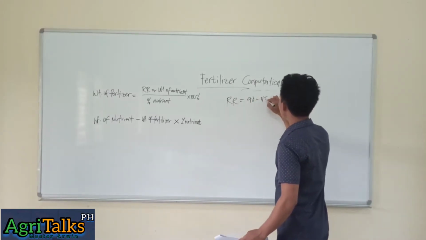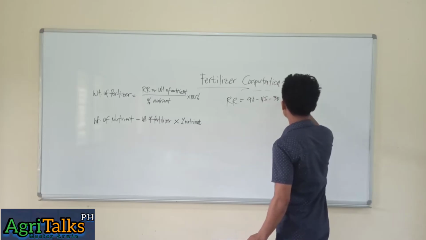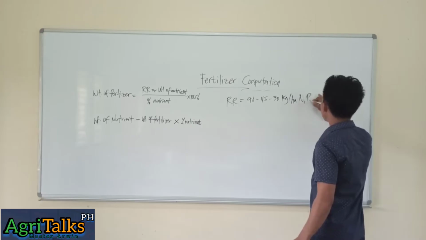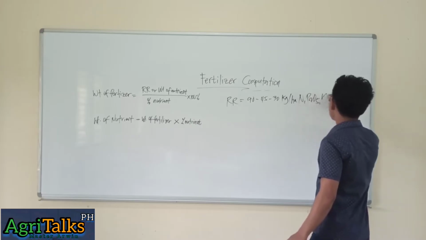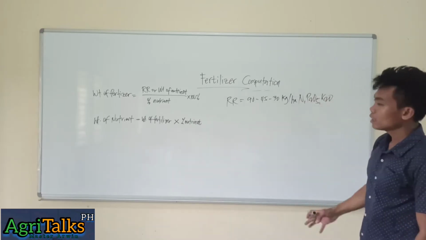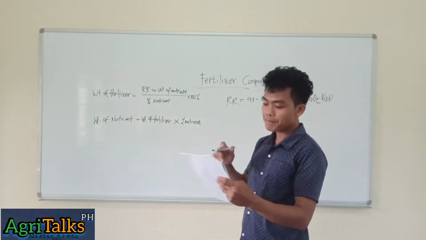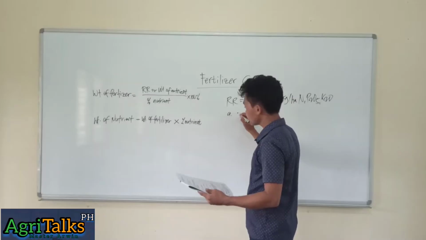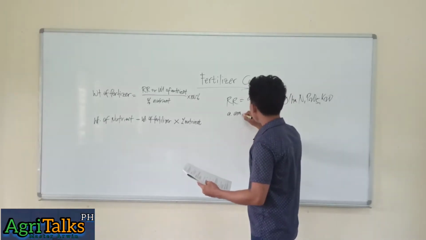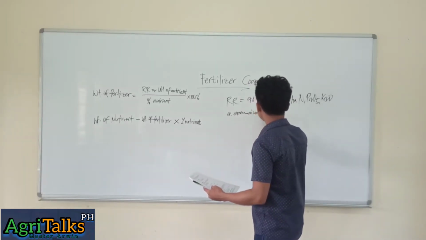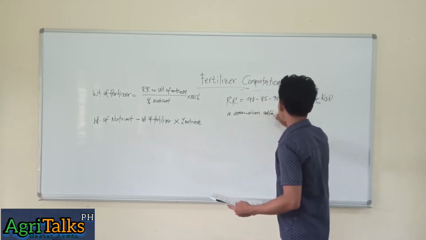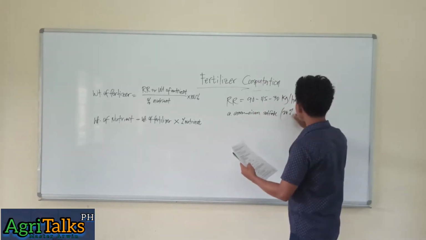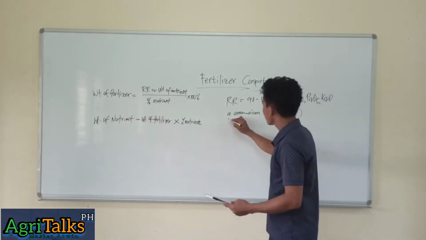So the recommended rate is 90, 45, and 30 kg per hectare of N, P2O5, K2O. Okay? And then the following materials that will be used are ammonium sulfate, which has 20% nitrogen.